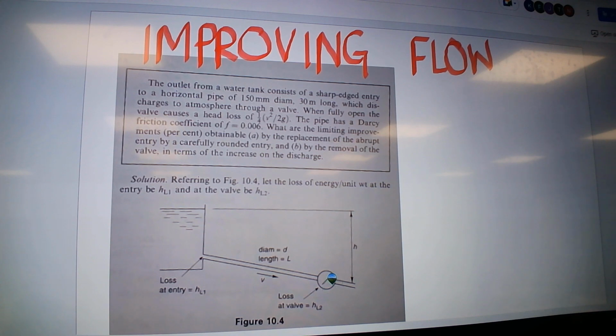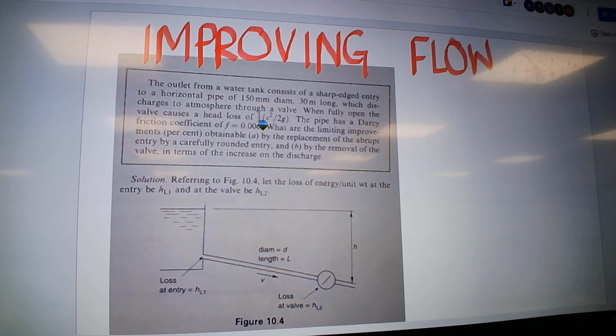When fully opened, the valve causes a head loss equivalent to 1/4 V square over 2G. The pipe has a Darcy friction factor of 0.006.